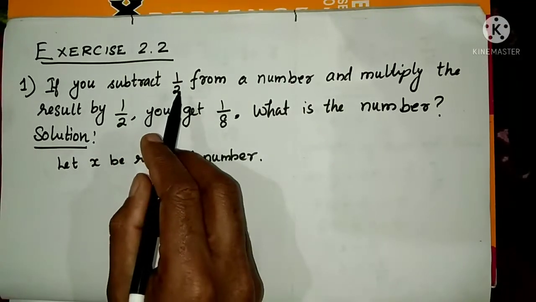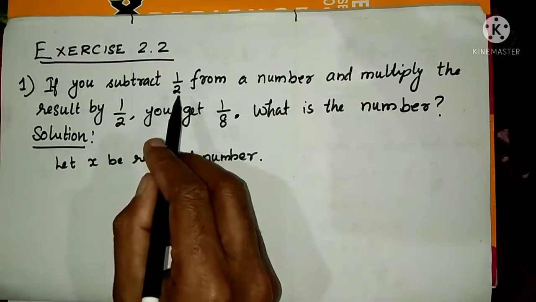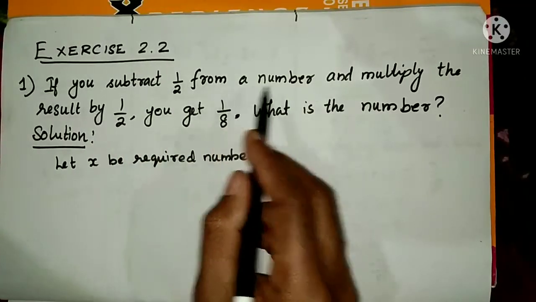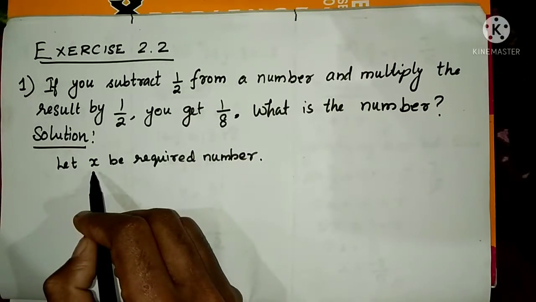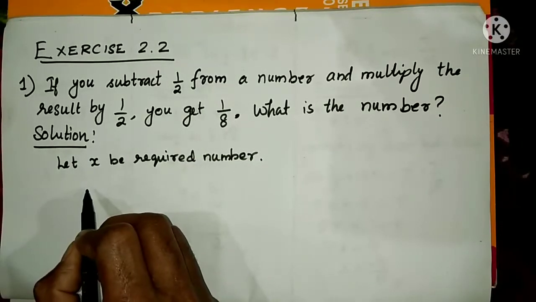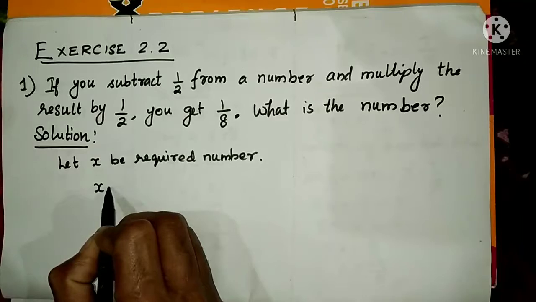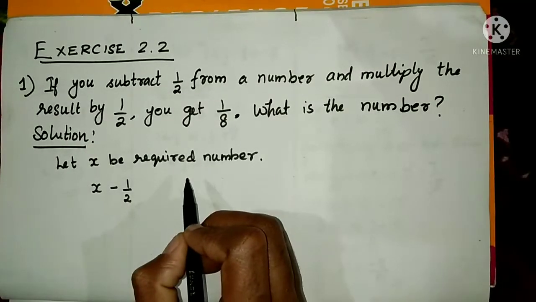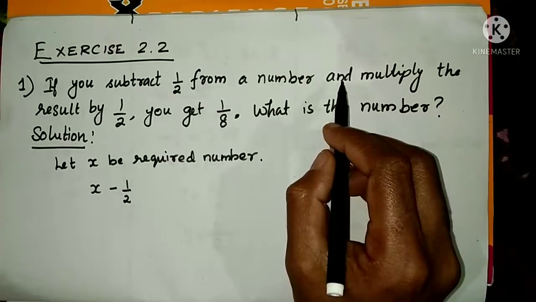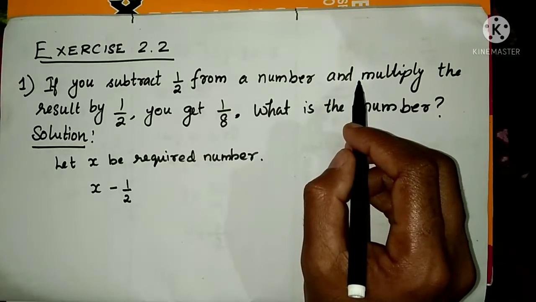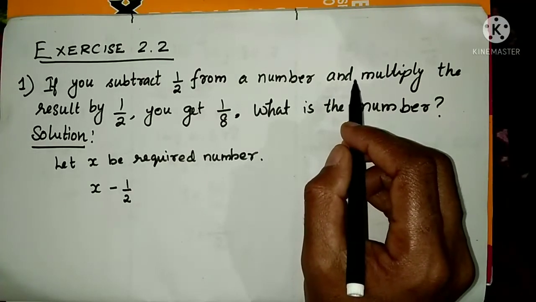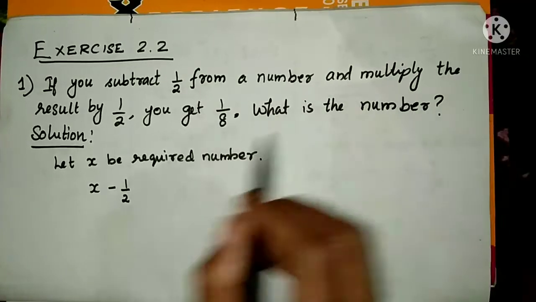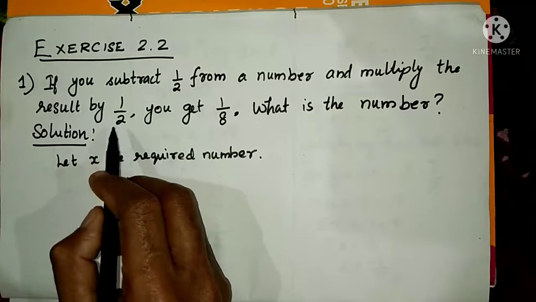Now, 1 upon 2 should be subtracted from a number. That number we have kept x. So, x minus 1 upon 2. Further, when we read it, we understand like this: multiply the result by 1 by 2.